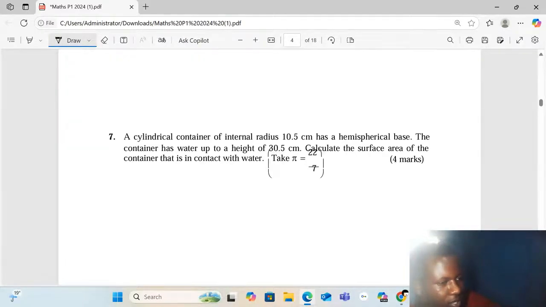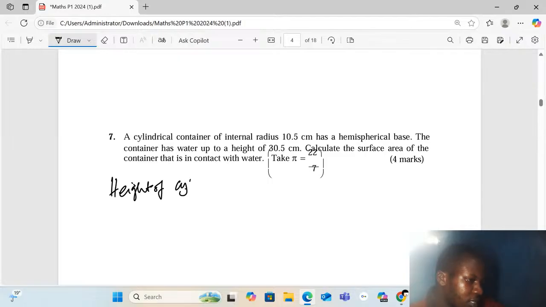Take pi to be 22/7. The first thing you have to do here is find the height of the cylindrical part. How do you find it?